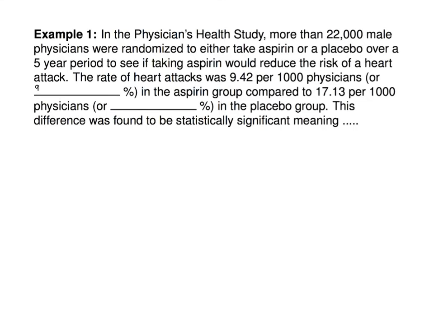So that's 9.42 over 1,000 times 100% to make it a percentage, which comes out to be 0.942% in the aspirin group, or 17.13 per 1,000 physicians, which comes out to be 1.73% in the placebo group.